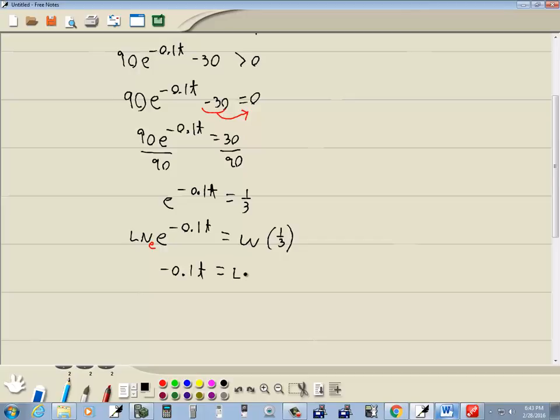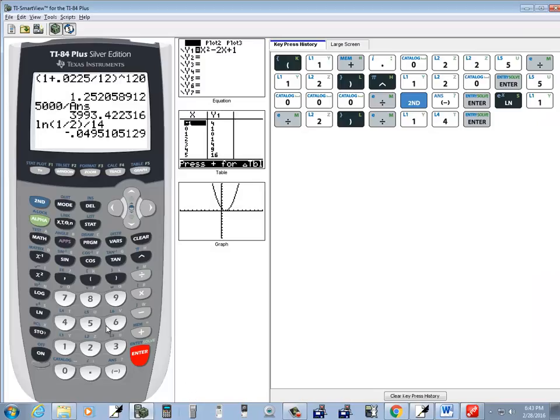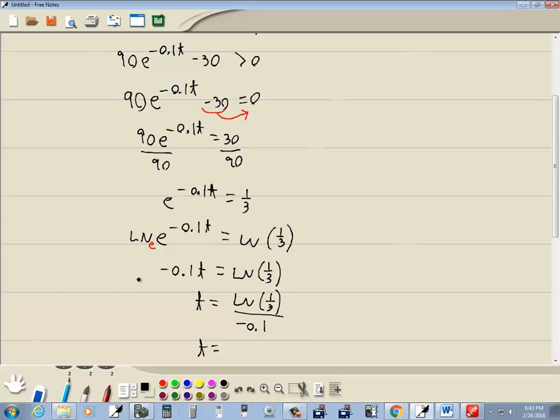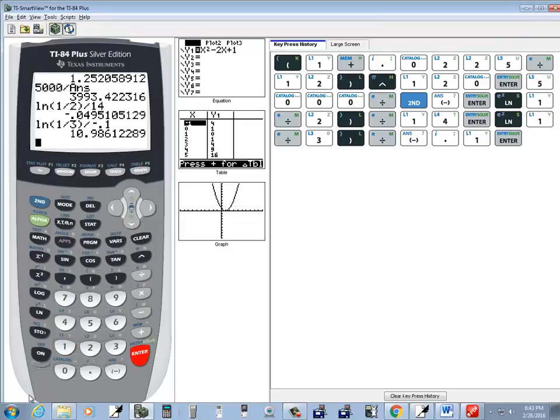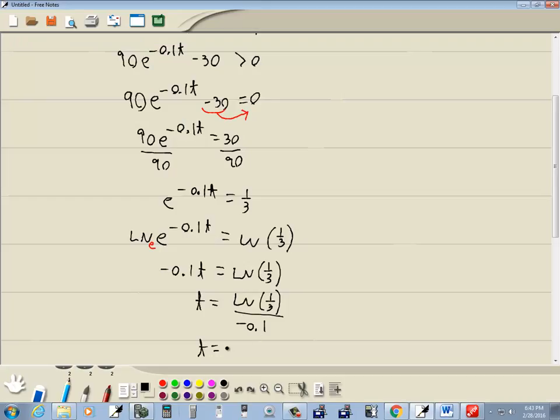And this is natural log of 1/3. Then we'll divide both sides by negative 0.1. So we get natural log of 1/3 divided by negative 0.1. Let's see what that gives us. Natural log of 1/3 divided by negative 0.1, enter. You get 10.99.